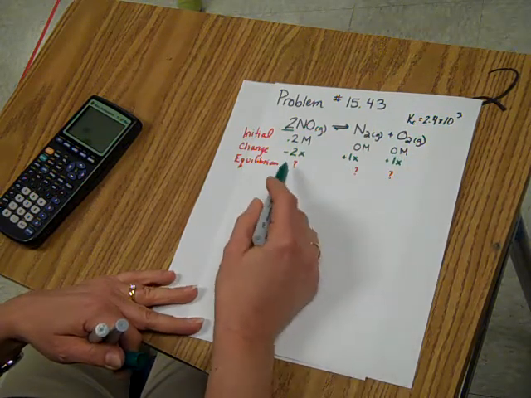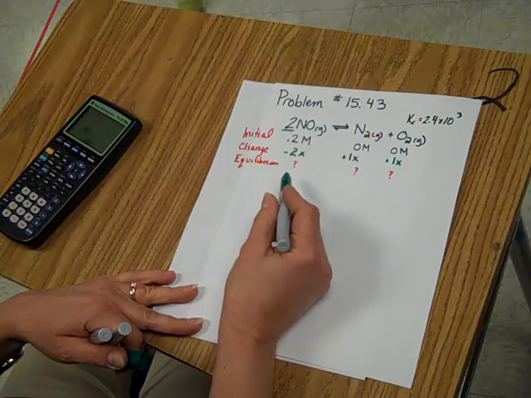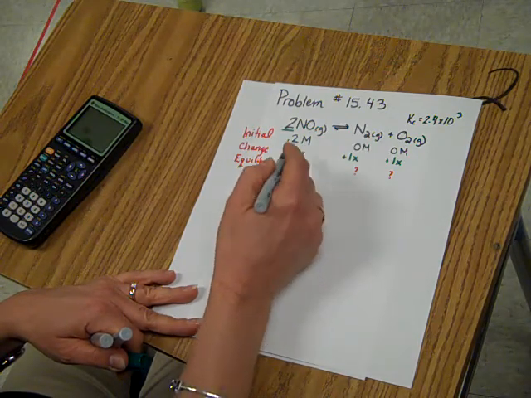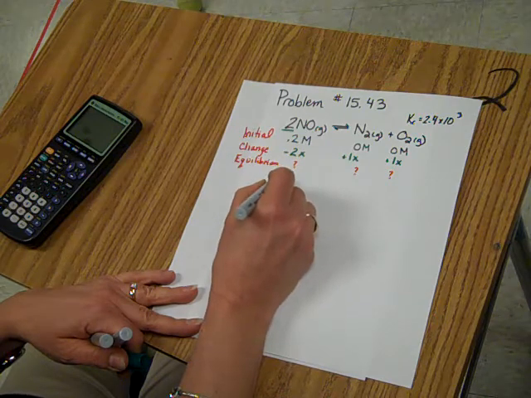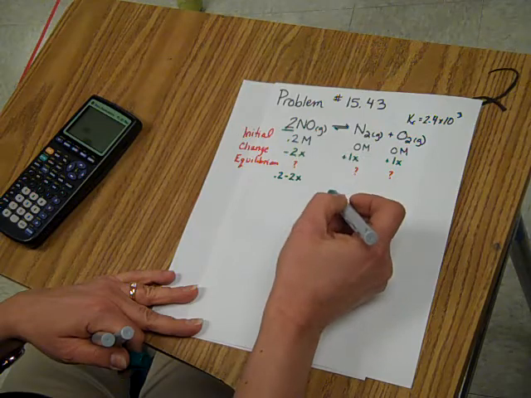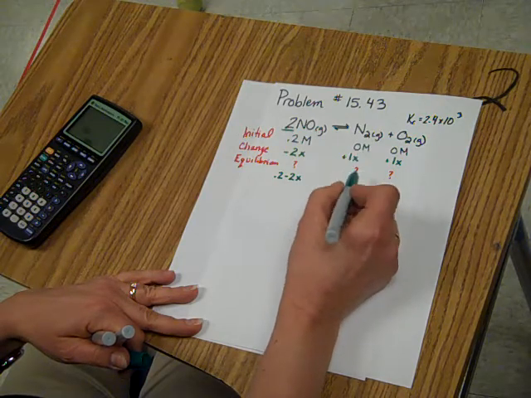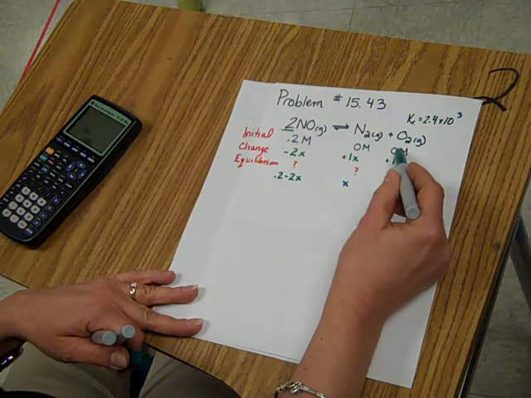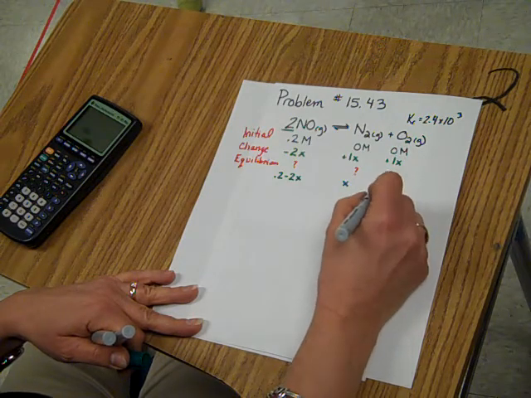Then we're just going to write an expression for our equilibrium concentrations. For NO, it's simply going to be 0.2 minus 2x. Our nitrogen is going to be 0 plus x, and our oxygen is going to be 0 plus 1x.